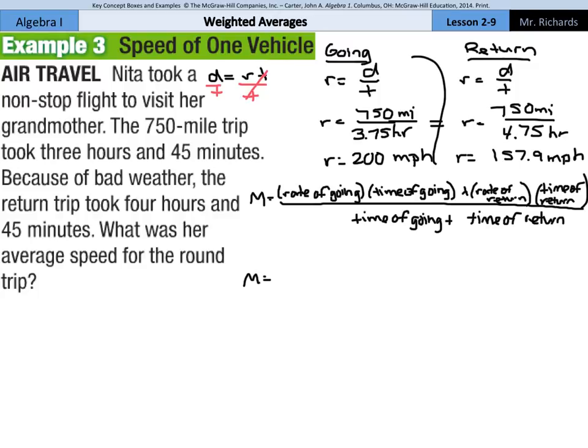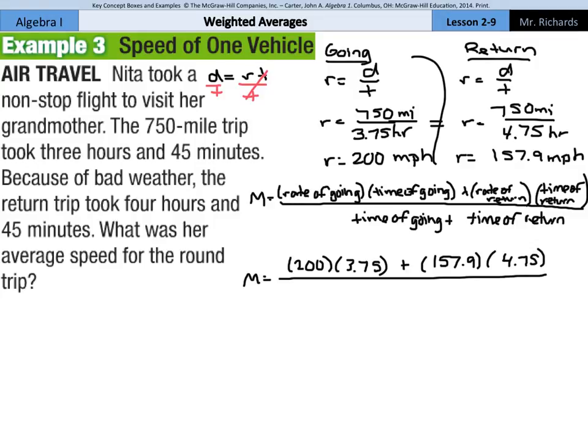Our rate of going was equal to 200, our time of going equal to 3.75, plus our rate of return was the 157.9 multiplied by our time of 4.75, and that's going to be divided by our time of going, 3.75, plus our return, 4.75, which of course is 8.5.